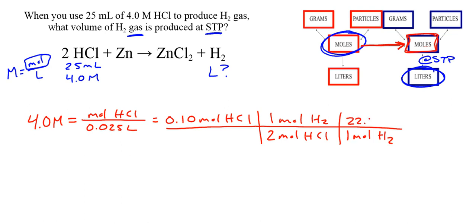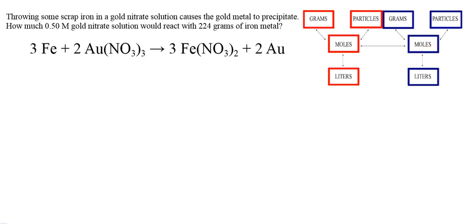So at STP, it is 22.4. So you multiply that through, and you get 1.12 liters of hydrogen. So that is utilizing molarity and gases at STP, maneuvering through our flowchart.